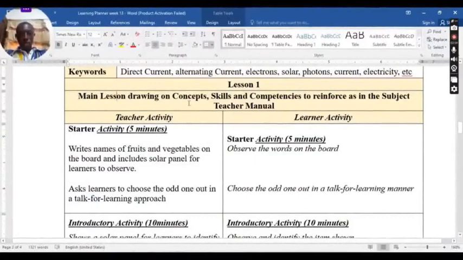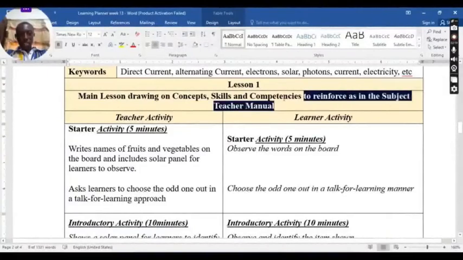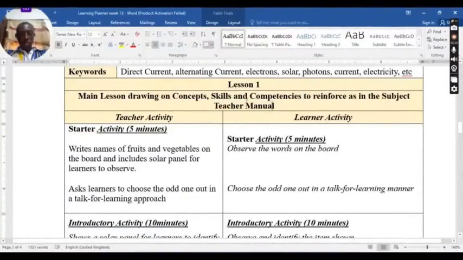Main lesson drawing on concepts, skills, and competencies to reinforce as in the subject teacher manual.